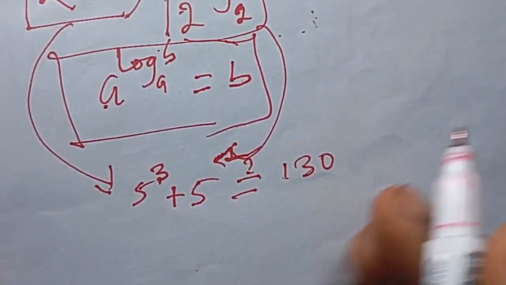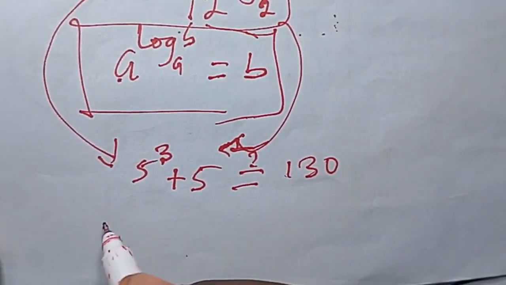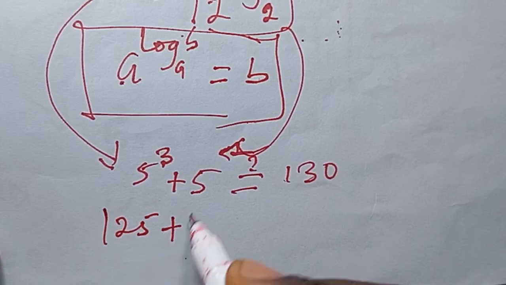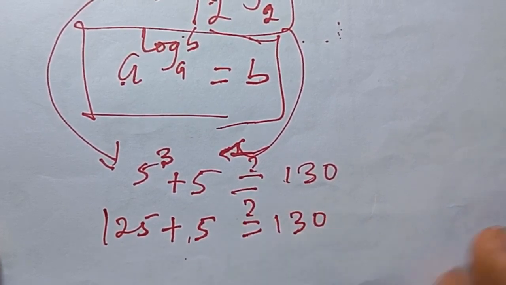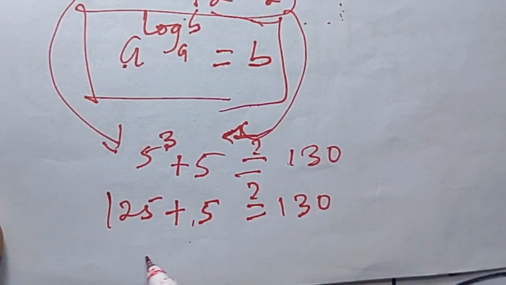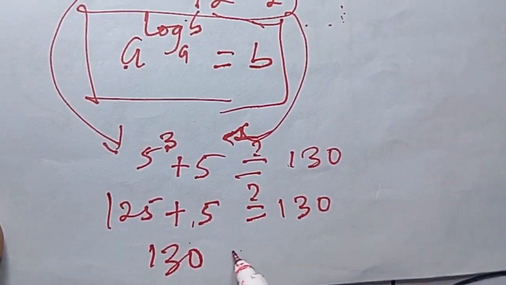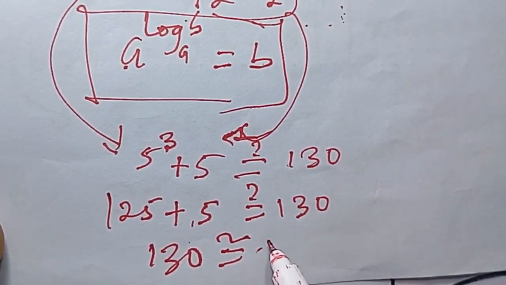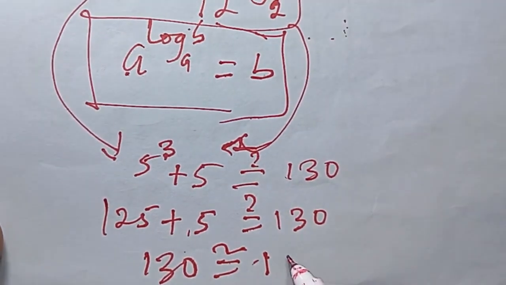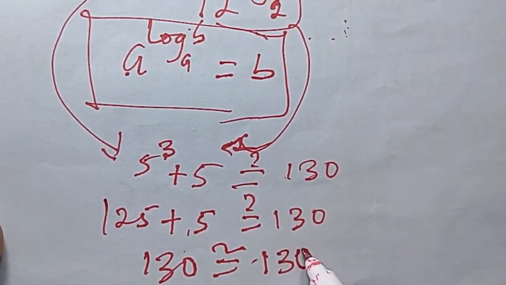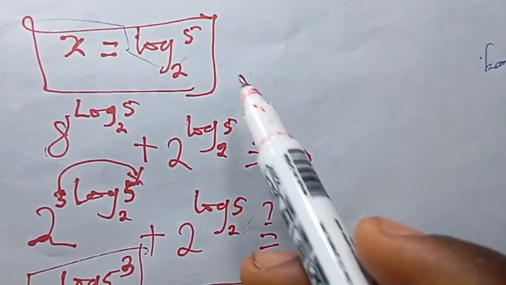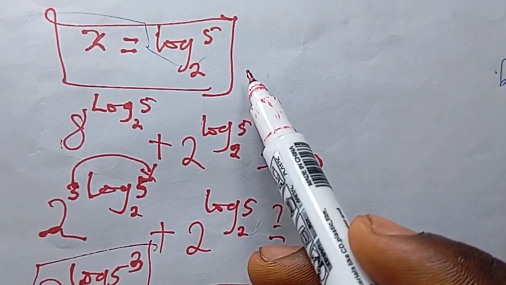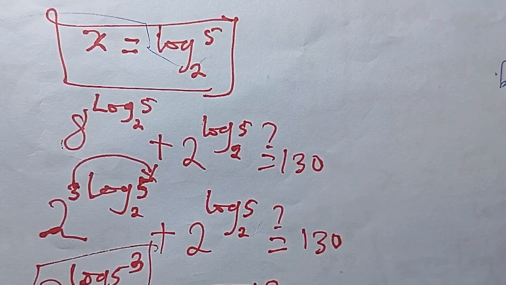Obviously 5 power 3 here is 125, plus 5. And you can see that 125 plus 5 is equal to 130, which verifies that x equal to log 5 base 2 actually satisfies the problem we just solved.